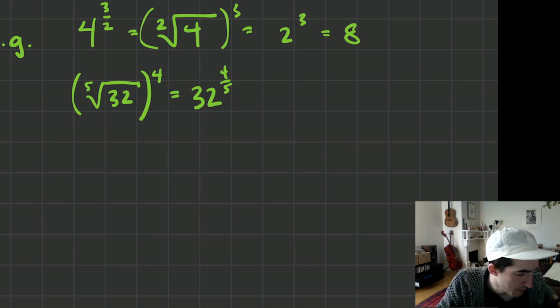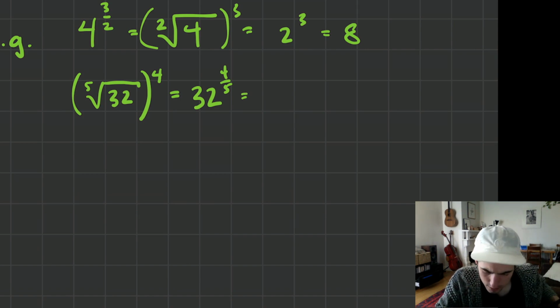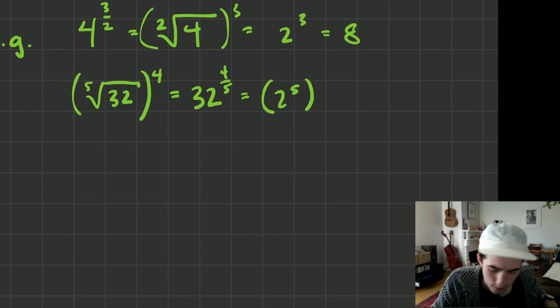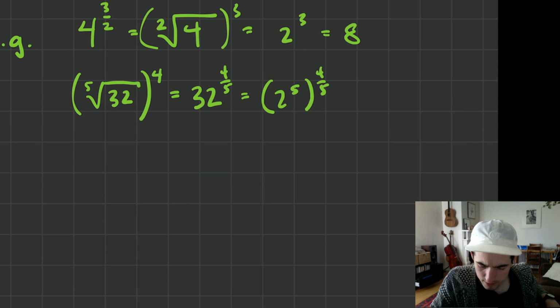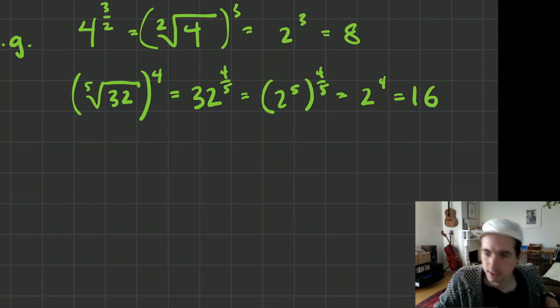But the thing about that is, you could rewrite this as 2 to the power of 5 to the power of 4/5, right? Because that's what 32 is. And, well, these 5s would cancel. So this is actually just going to be 2 to the power of 4/5 times 5, which is 2 to the power of 4, which is 16.